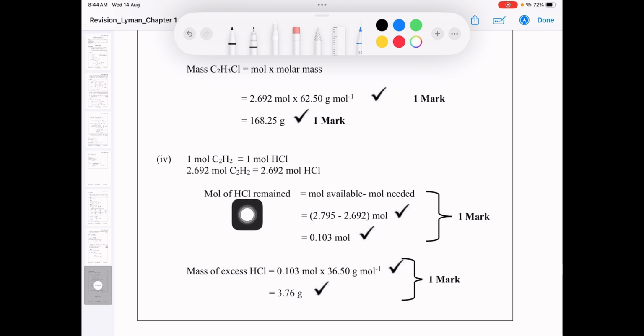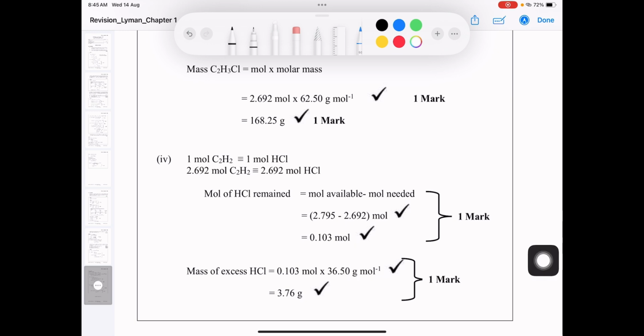So the number of moles of HCl remaining after the reaction is equal to moles available minus moles reacted. So 2.795 minus 2.692 mole, so 0.103 mole. This is the number of moles of HCl remaining after the reaction is complete.